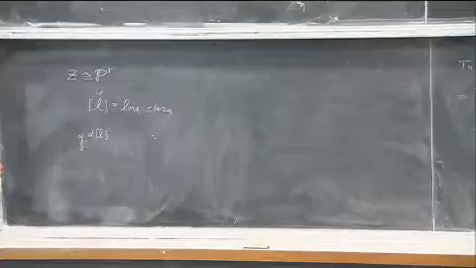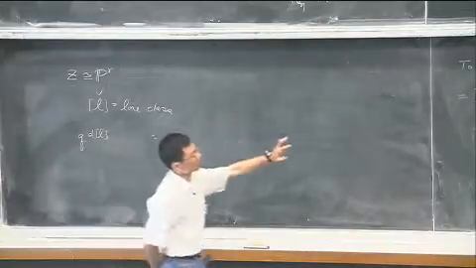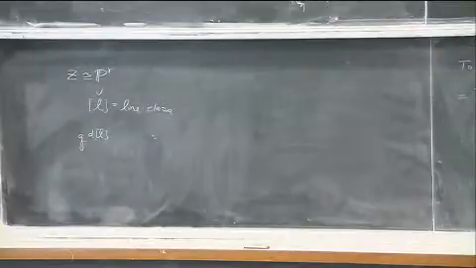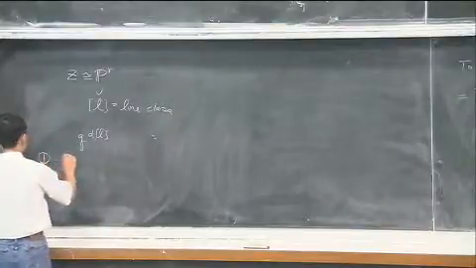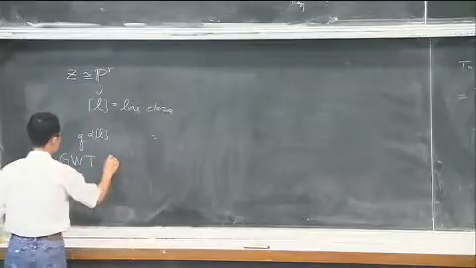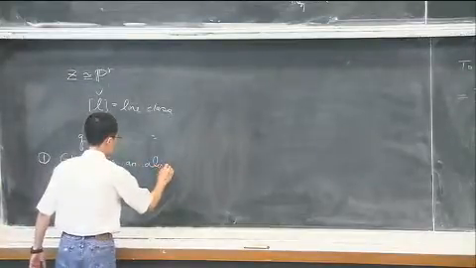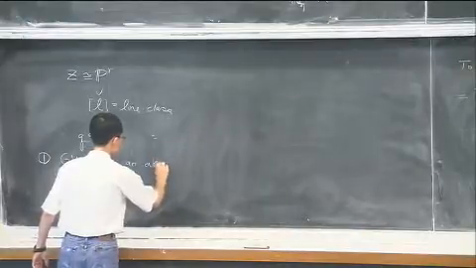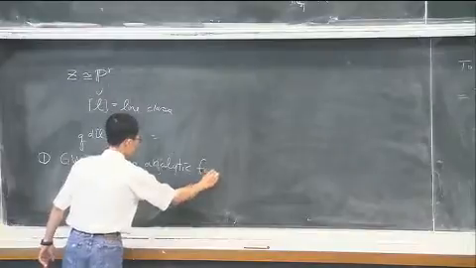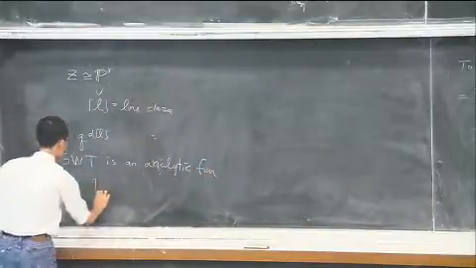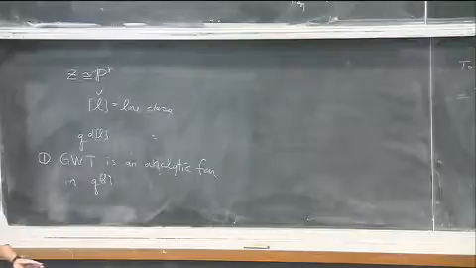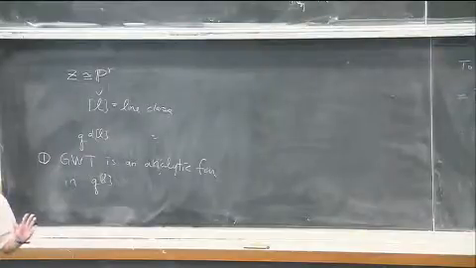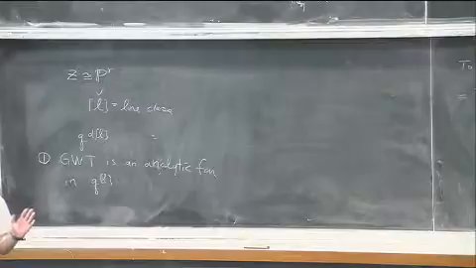The first thing I have to explain is that Gromov-Witten theory is an analytic function in this Q_L, in this Novikov variable.